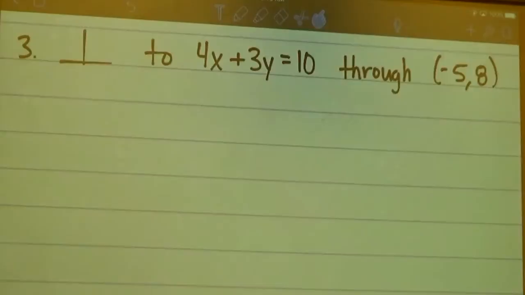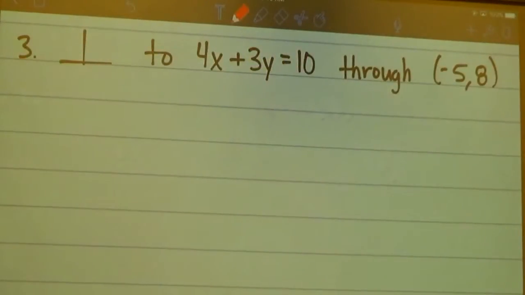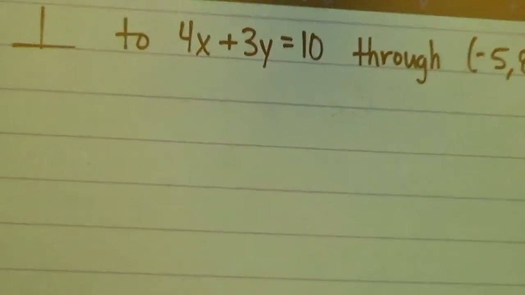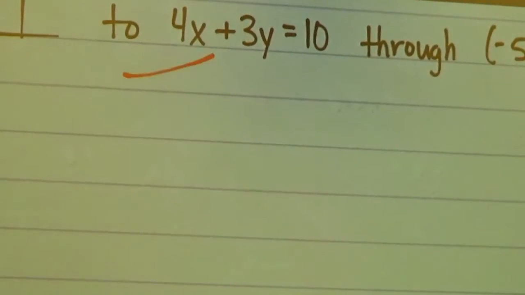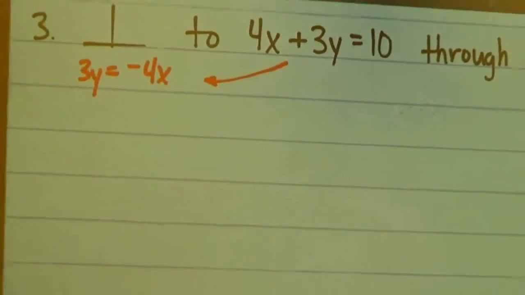So what's the slope of this line? Again, what did y'all say? I would move the 4x over, so I get 3y equals negative 4x plus 10.